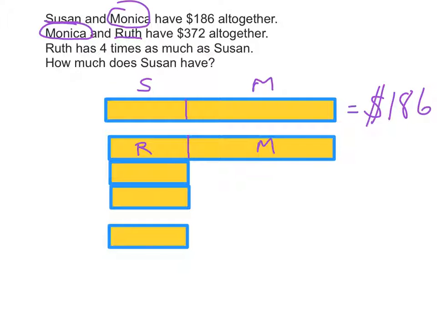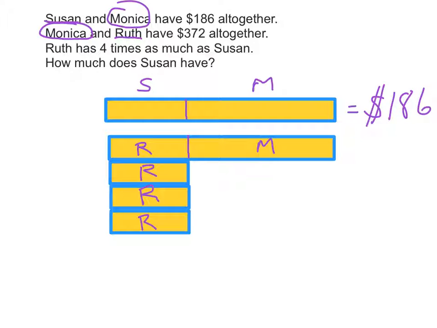So here it's set up above that Ruth has 4 times as much as Susan. So now if we look at this, this should be Ruth. Come on now, cooperate. And that's Ruth, and that's Ruth.